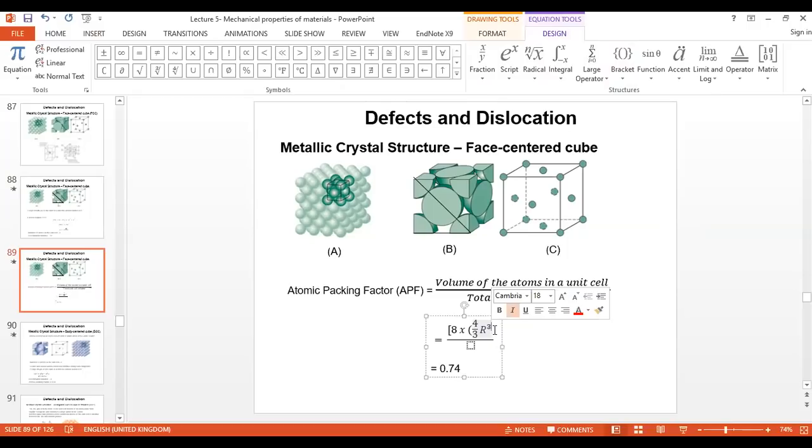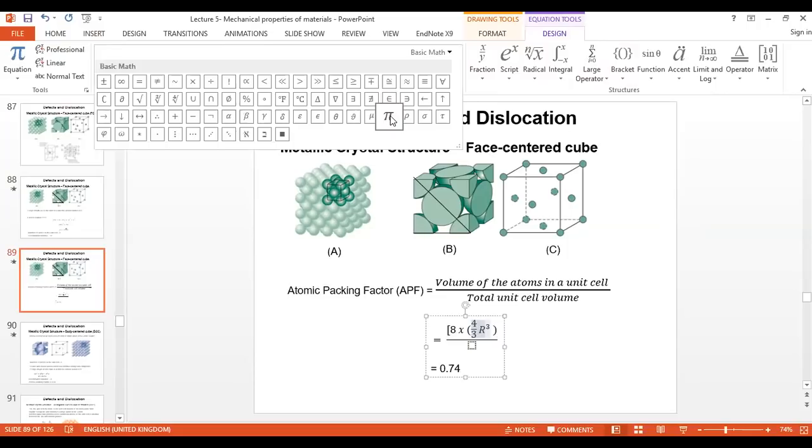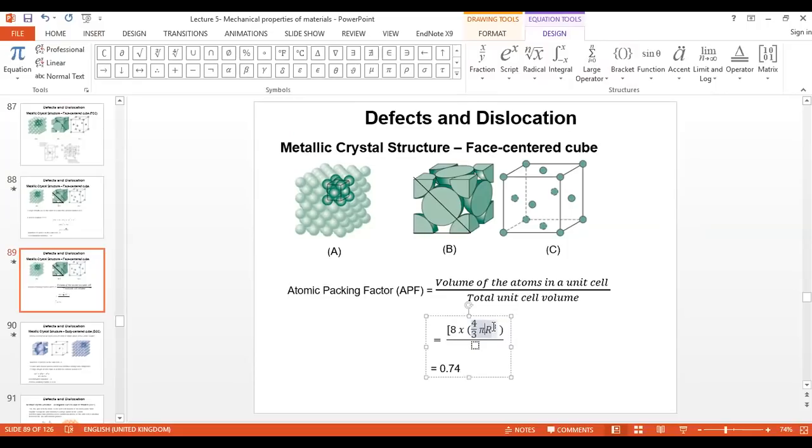This is the volume of a sphere. Right? This is the volume of one sphere. That means one atom. The atom radius is R. So there are 8 atoms in a unit cell. Right? Then the total unit cell volume.